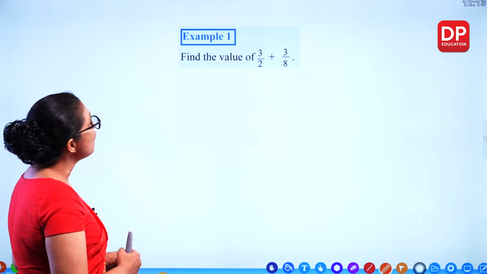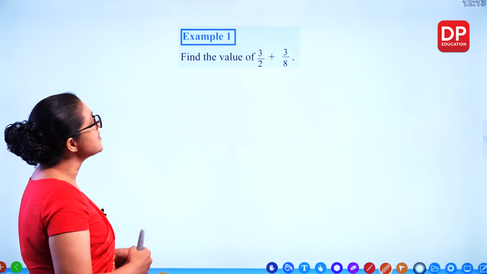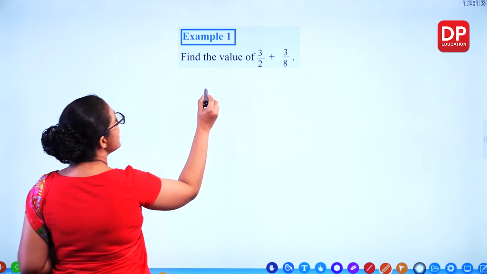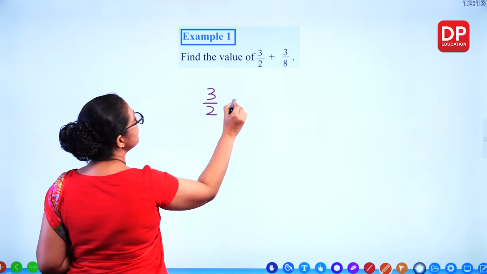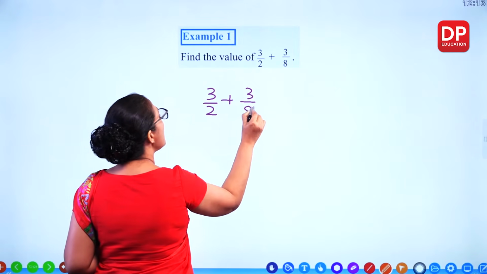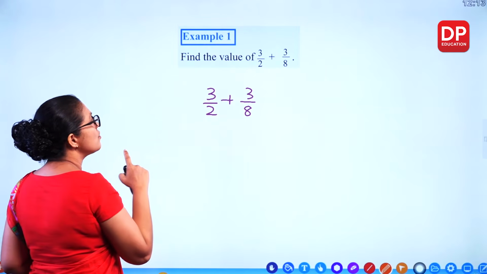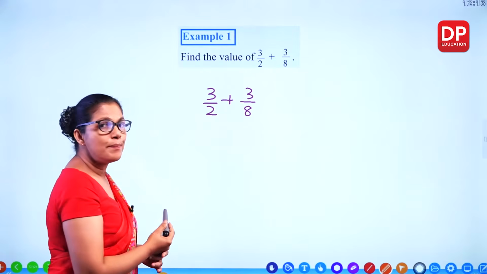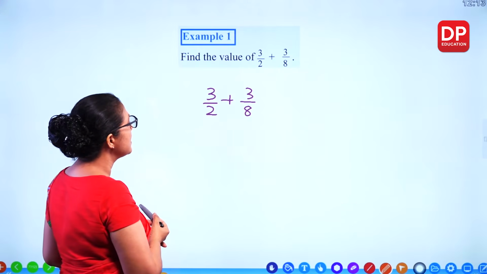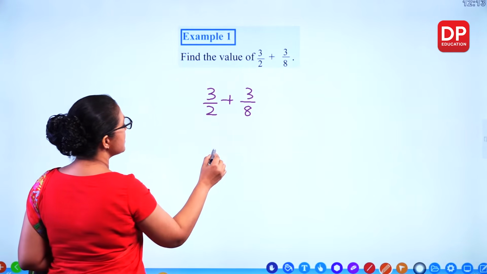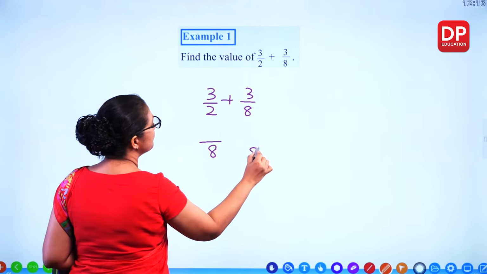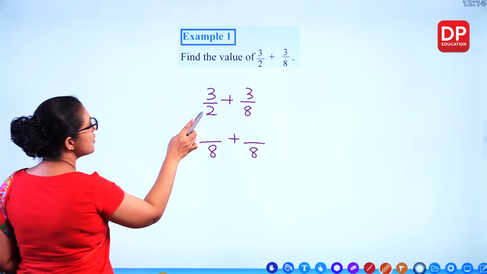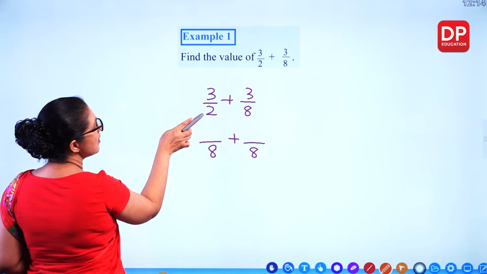Example number 1. Find the value of 3 over 2 plus 3 over 8. So adding fractions. How do we add? We can do that using the same denominator. 2 and 8 you can convert to 8. So this one convert to 8.